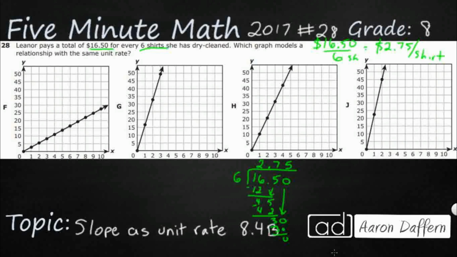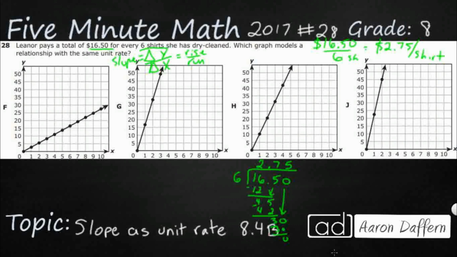But remember, when we're dealing with slope, we're looking at these lines. Since they are straight lines, we can calculate the slope. So the slope is going to be the change in Y over the change in X, or the rise over run. That's how we calculate slope.